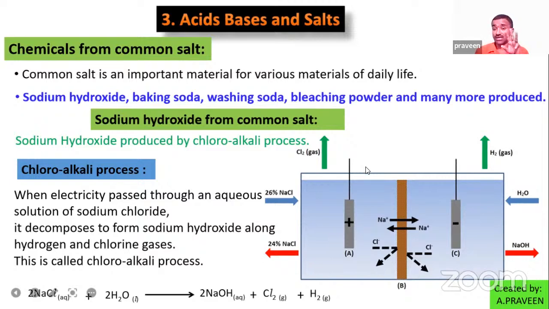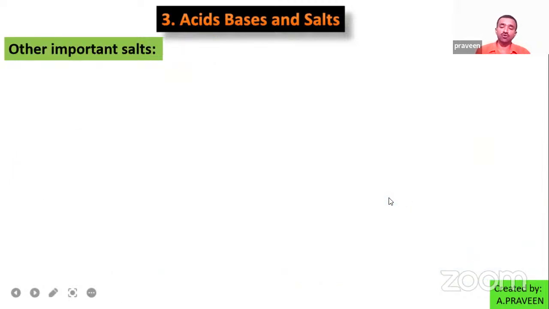Then let us go to the next salt production, an important salt produced from sodium hydroxide or the byproducts of the chloroalkali process, hydrogen and chlorine. So, the preparation of bleaching powder.